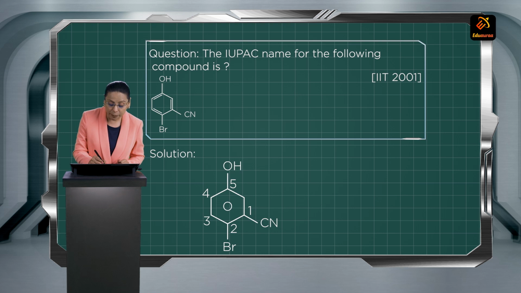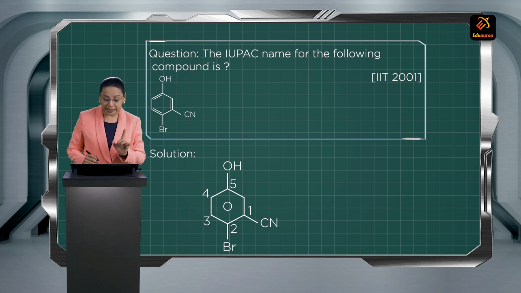But why did I say at the second position, I am getting bromo? Because students, if I do the numbering, there are two ways in which I can do the numbering. Either I can do the numbering like this, 1, 2, 3, 4, 5 and 6, in which case the substituents are coming at first, second and fifth position. But the other side also I can do the numbering. Let's do that way. So it will be first, second, third, fourth, fifth and sixth.